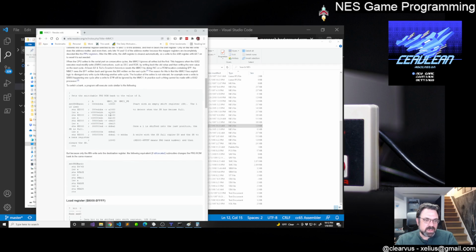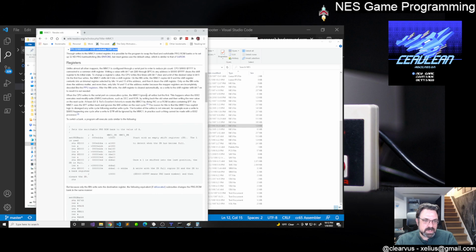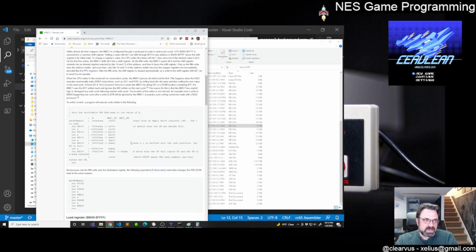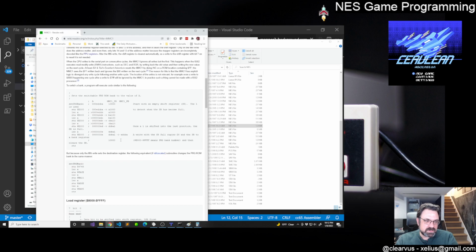So you have to write each bit at a time, and what did it say? 5 bytes. 5 bits. You set bit 7 to clear for communication, and then you write 1 bit at a time 5 times to set the bank.